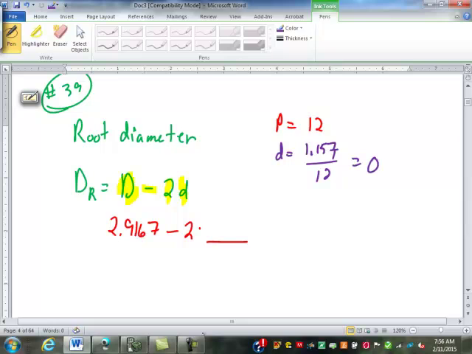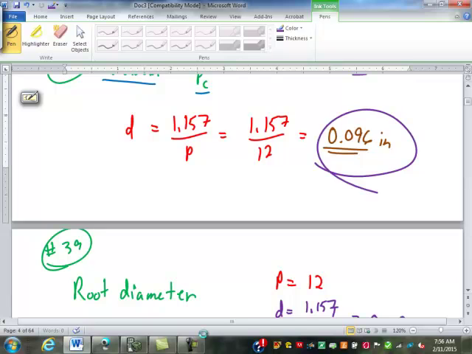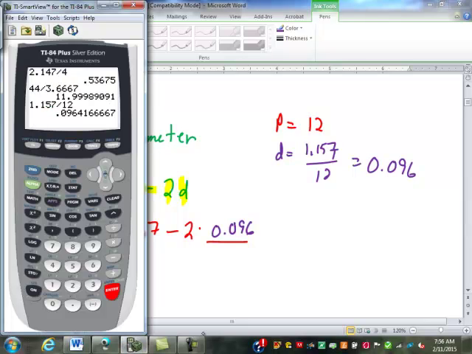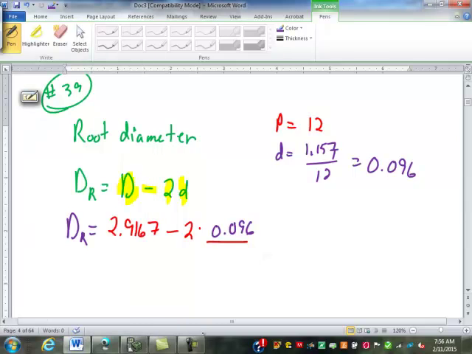We already figured this one out to be 0.096, the exact problem in the last problem. So the dedendum is 0.096 inches. We put that in here. So then our root diameter is 2.9167 minus 2 times 0.096, giving us 2.7247 inches. What do y'all think?